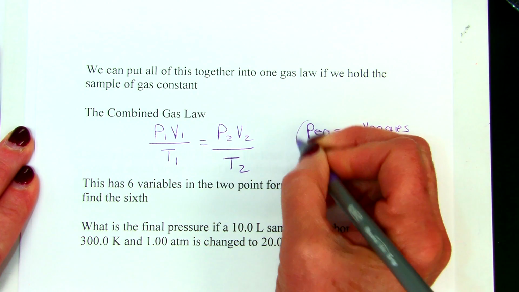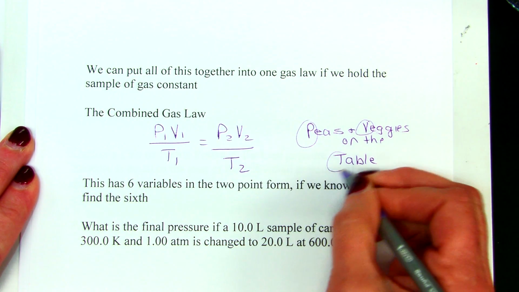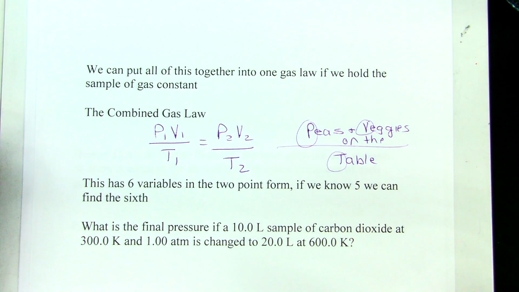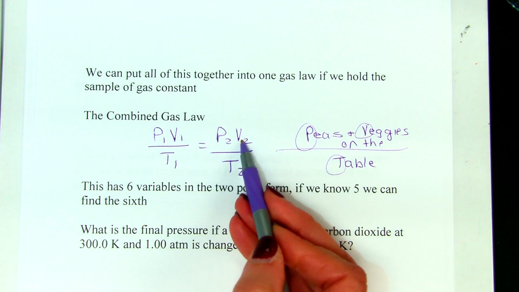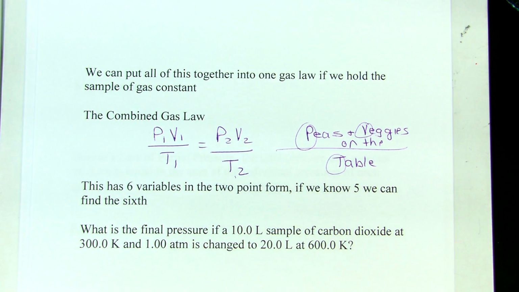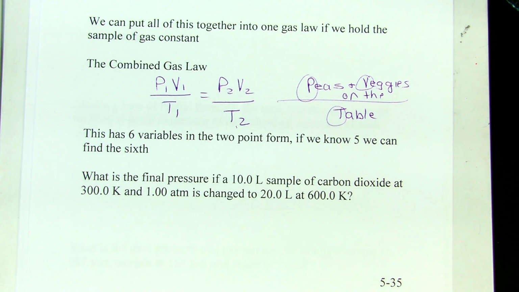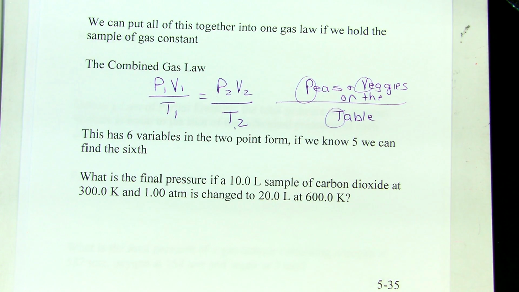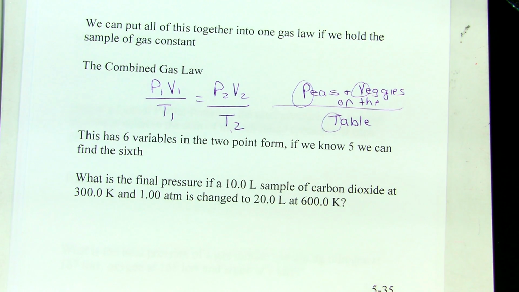So you have pressure times volume and then dividing, because it's on the table. Peas and veggies on the table. I thought it was kind of weird because when I first learned it, I still thought a pea was a vegetable. But now I know peas are legumes, and that doesn't count as a vegetable.